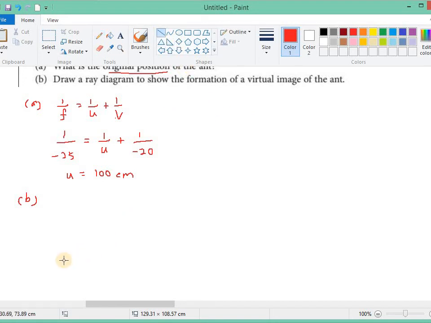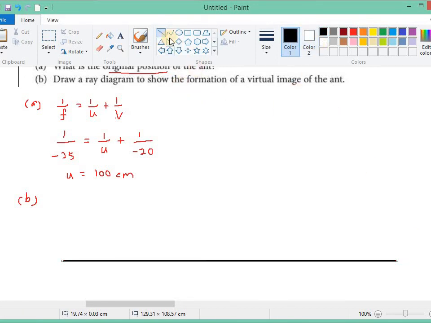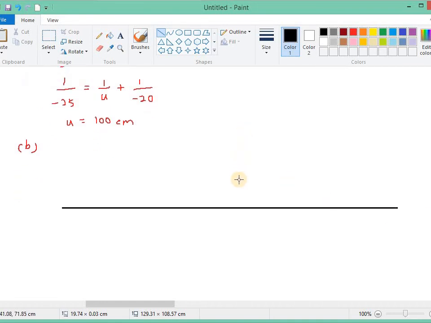First thing that we do is we draw the principal axis. After the principal axis, we draw the lens.